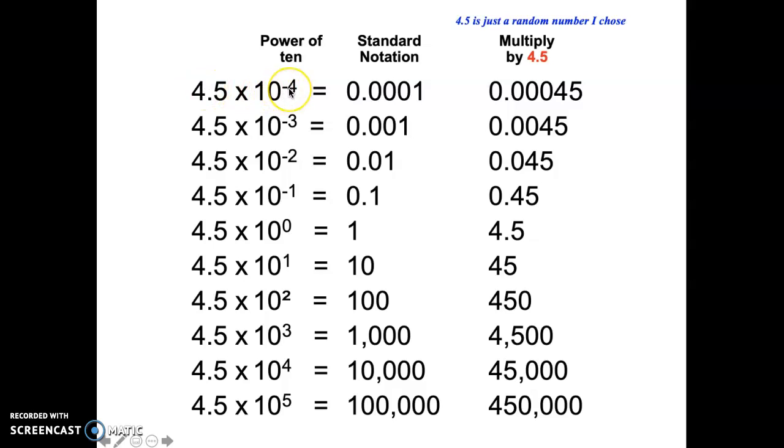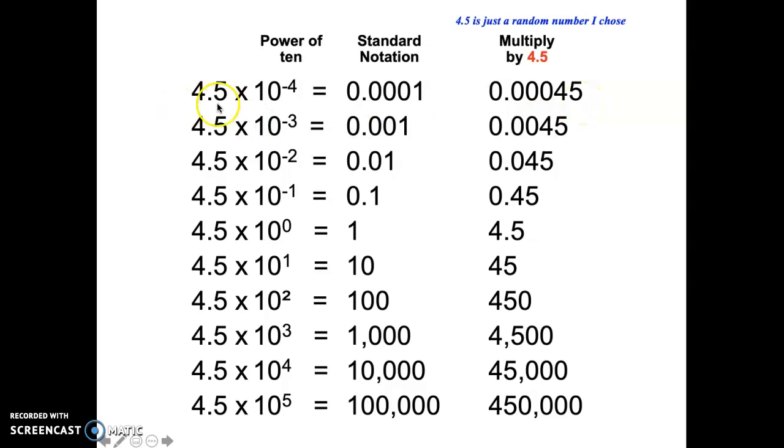4.5 times 10 to the negative 4th power gives you this. And this is small enough, you could actually do this in your calculator. And I do want you to do that. Grab your calculator, take 4.5 times 10 raised to the negative 4th power, and hit enter, it should give you this number. We have enough display registers to show this number.